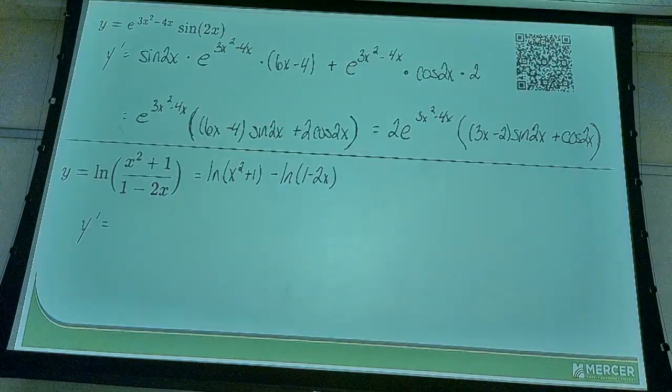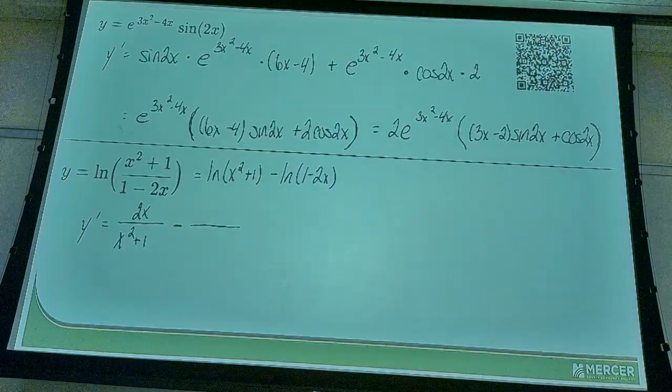First log. What is its derivative? 2x over x squared plus 1. That's it. What about the second one? 2 over 1 minus x, over 2 minus x. 2 on top divided by 1 minus 2x.